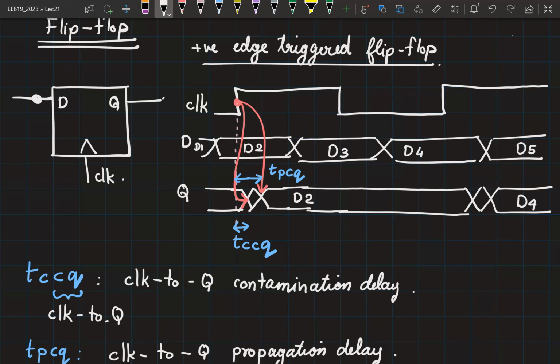So how much time before the clock edge should the data be set up? Right. So this is quantified in terms of the parameter called as setup time. So TSU. Now, the setup time is a property of the flip-flop that is being implemented. So anytime you implement a flop, you would characterize it and find out what is the associated setup time. That is how long before the rising edge of the clock should you set up the data such that that data is sampled correctly to the output.